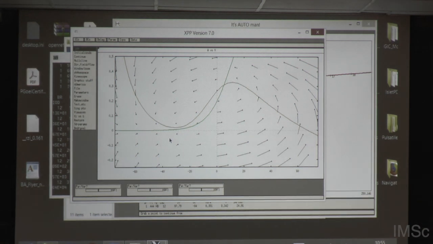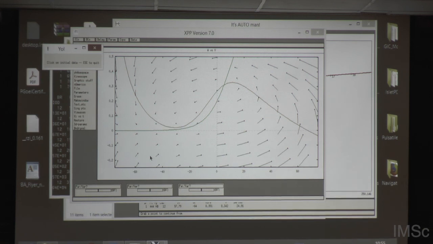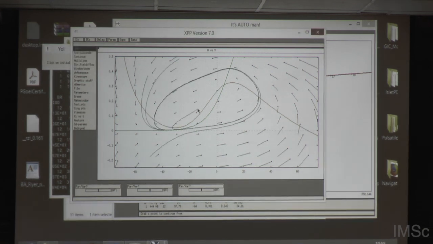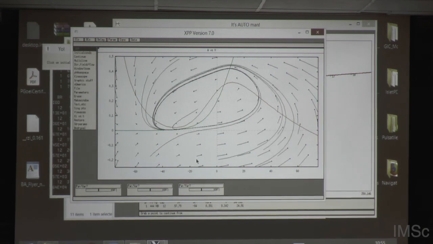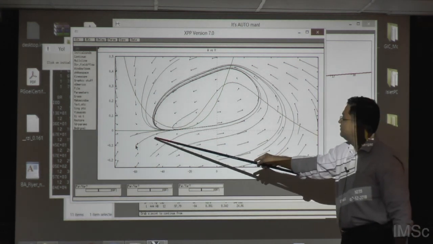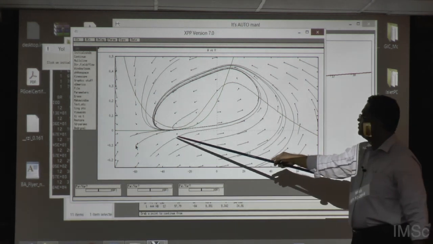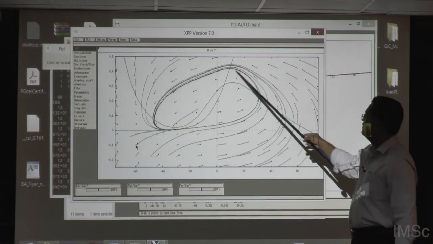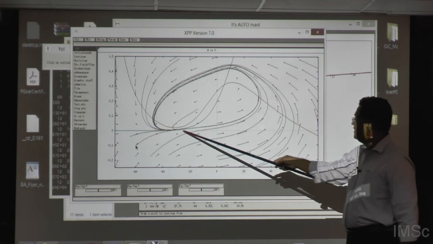Let's plot a trajectory over here. What is happening is that this gap that is created allows trajectories to pass right through here, going all the way around, turning, coming back into the funnel and passing right through.